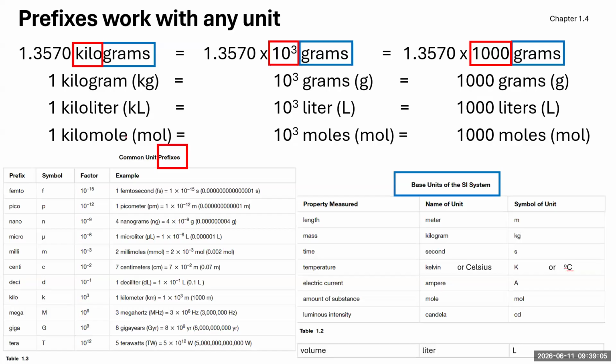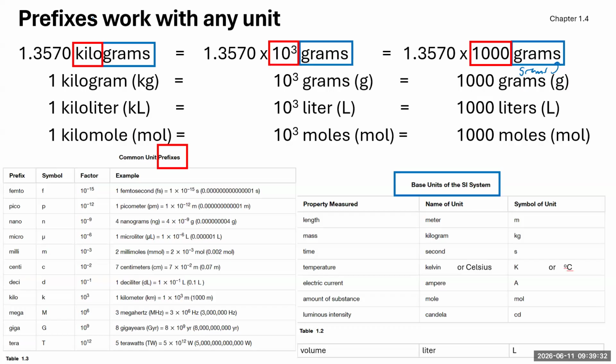This is just to show you that here, right? Kilogram equals 10 to the third grams equals 1,000 grams. This word here is grams, if something gets cut off right here. All right, 1 kiloliter, 10 to the third liters, which is 1,000 liters, right? 1 kilomole.